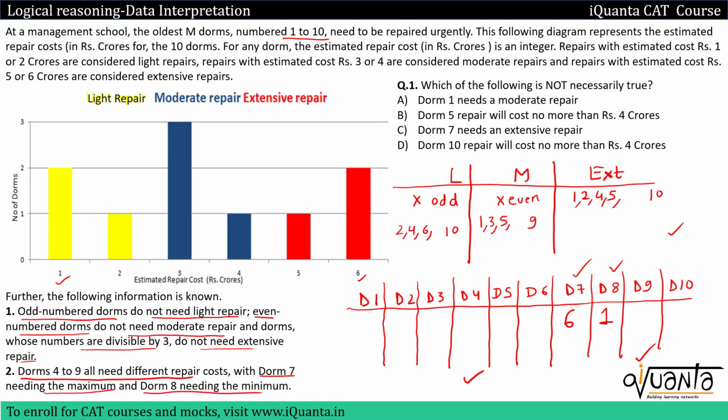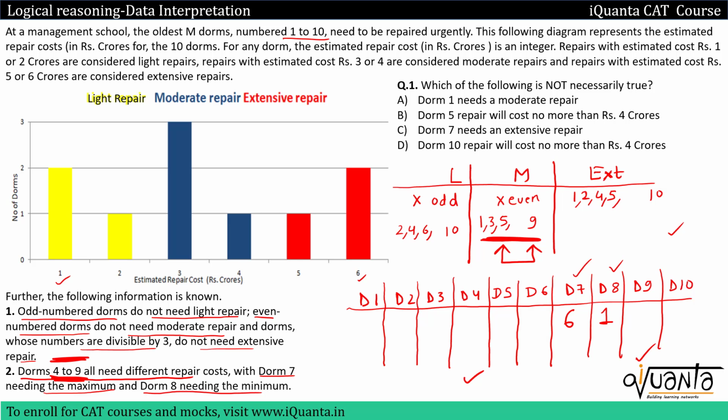And apart from that, we also know that dorms 1, 3, 5, 9 are the only ones that require moderate repairing. And moderate repairing costs are 3 or 4 crores. And we can see that from dorm 4 to 9, dorm 5 and dorm 9 fall into this range because they all have different repairing costs.